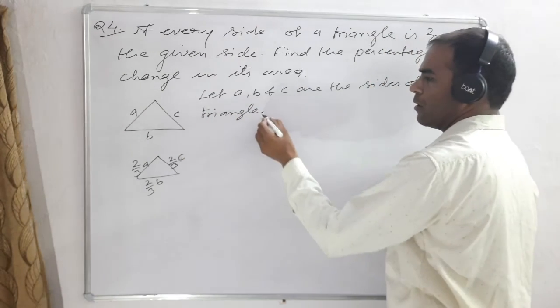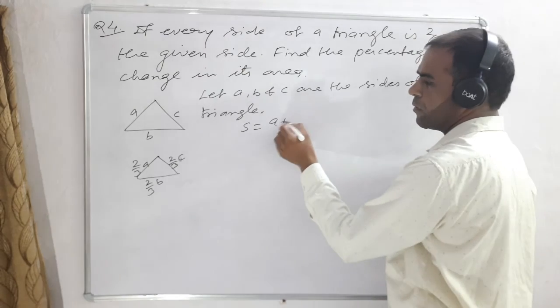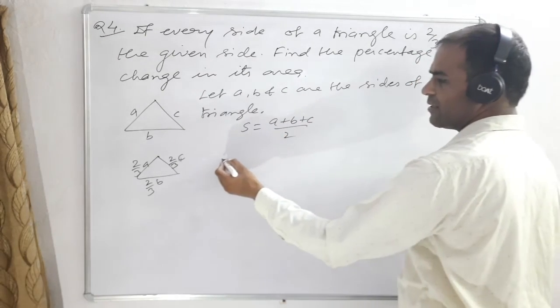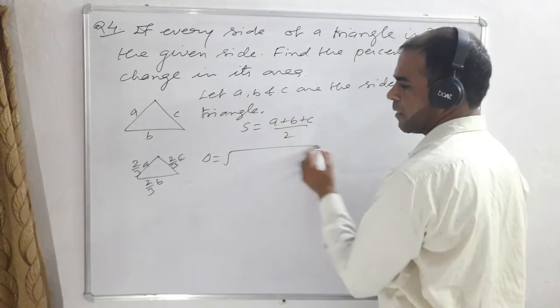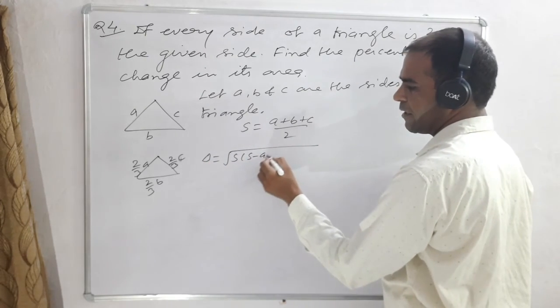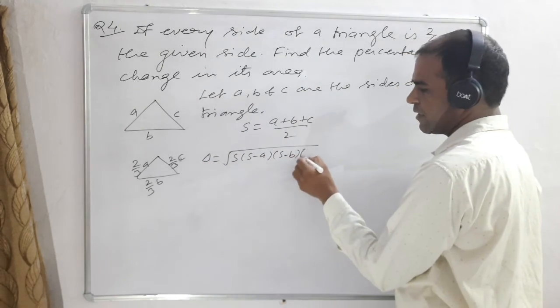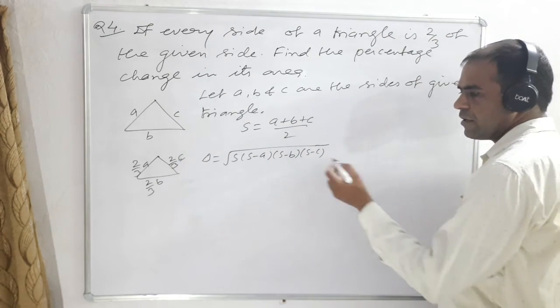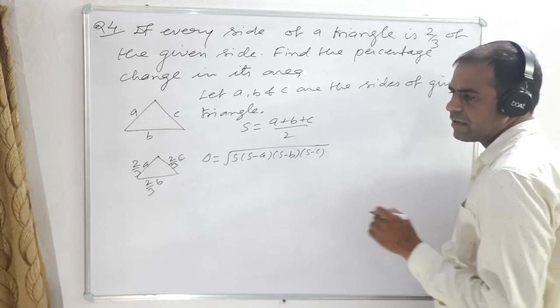Then S is equal to A plus B plus C upon 2, and its area is root of S, S minus A, S minus B and S minus C. This is the area of the given triangle.